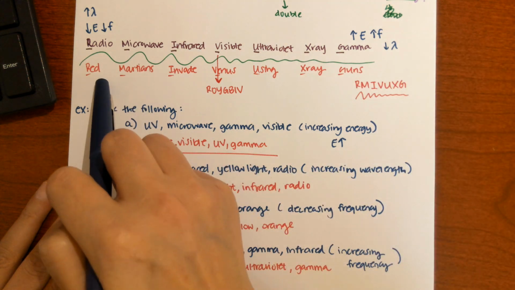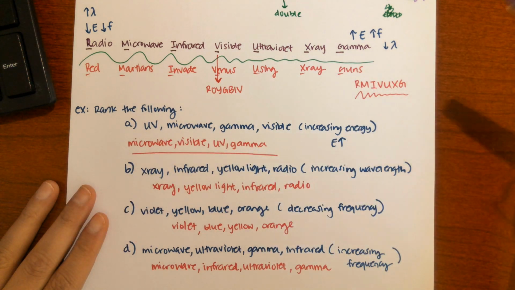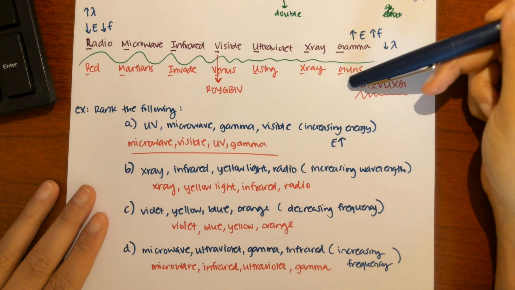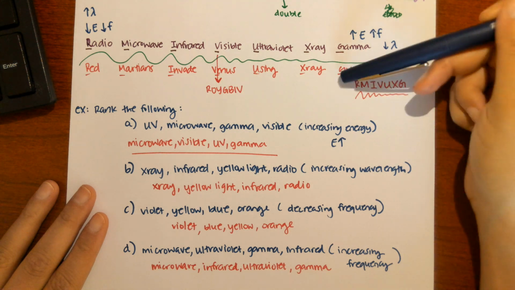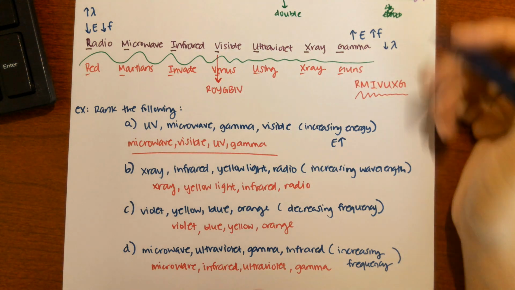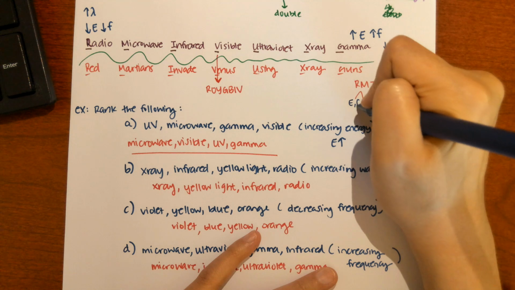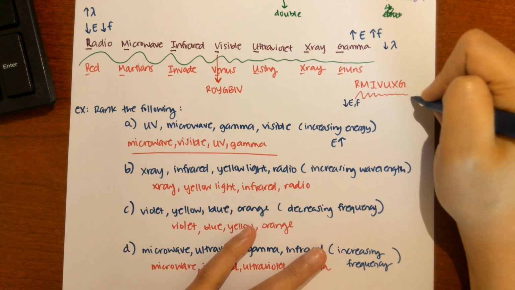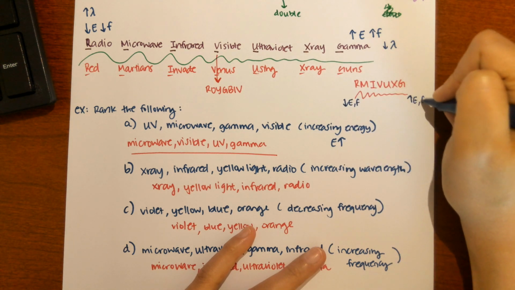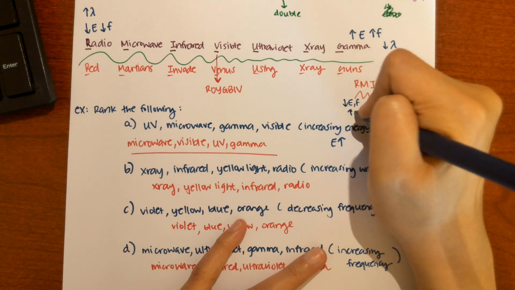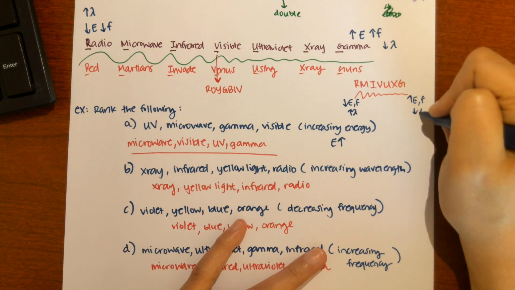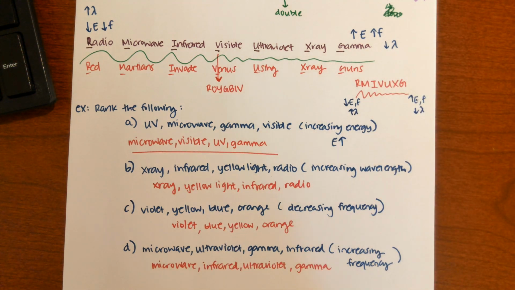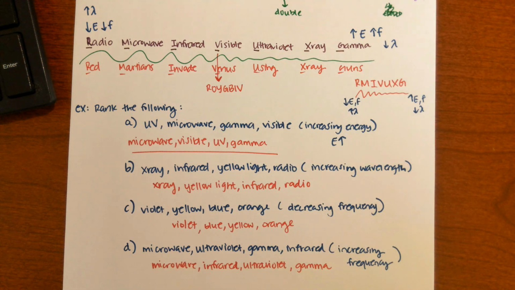And instead of writing this whole acronym, because it is kind of a pain, just write the letters R, M, I, V, U, X, G, if you can memorize that as well. And then you quickly do, okay, energy and frequency go down here, energy and frequency go up here, wavelength gets longer here, wavelength gets shorter here. So that's a good SparkNotes version of it.